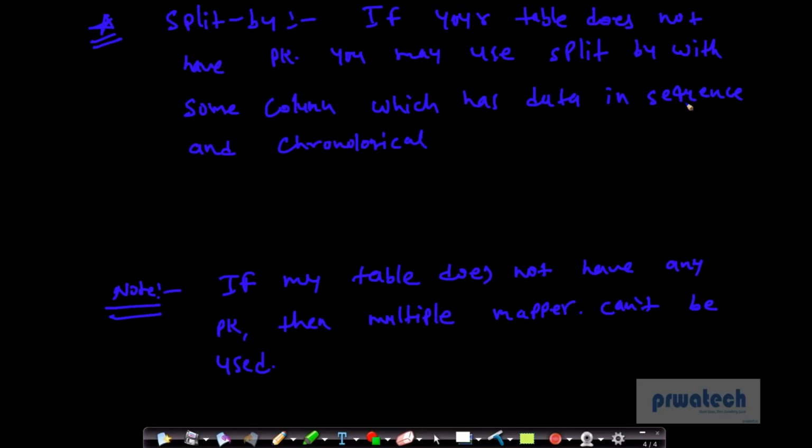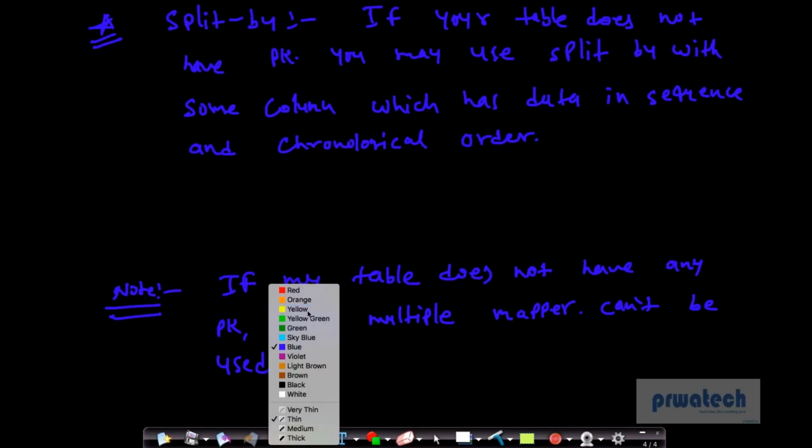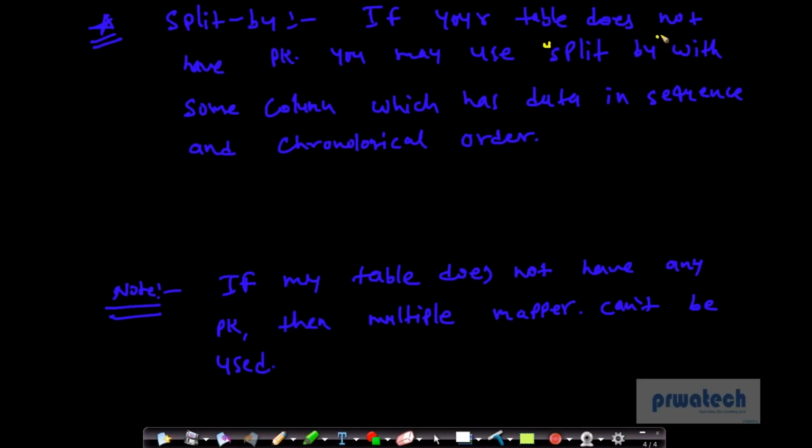But sequence, when I say it, can be 1, 5, 7, 9. Incremental is in sequence. Chronological is 1, 2, 3, 4, 5, 6, like that it is going. Just like a prime number has data in sequence and chronological order. Let me read it again: if your table does not have a pk, you may use split by with some column which has data in sequence and chronological order.